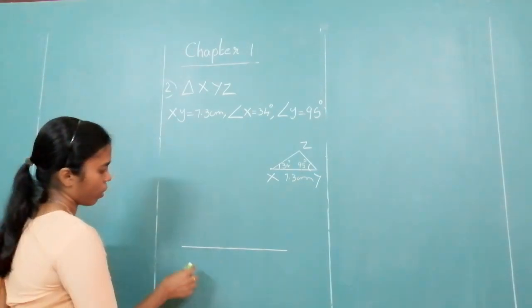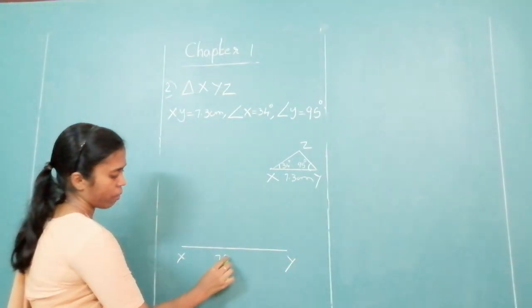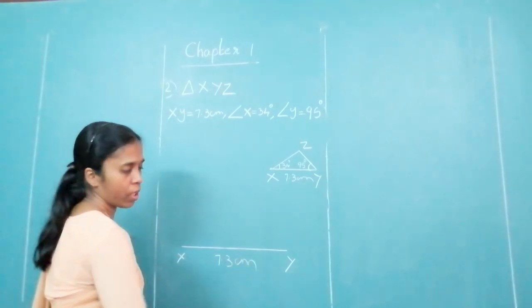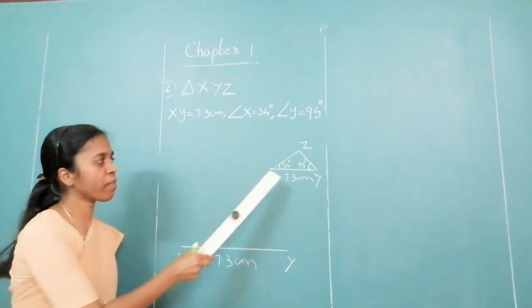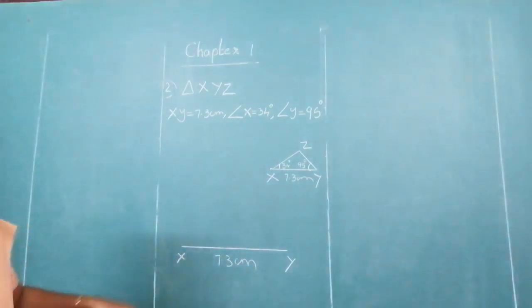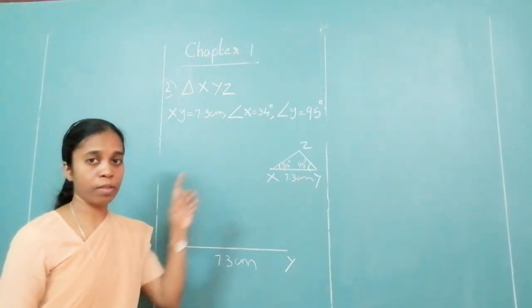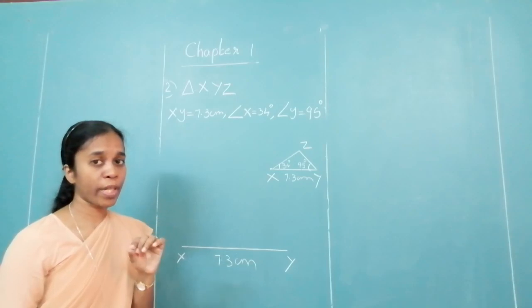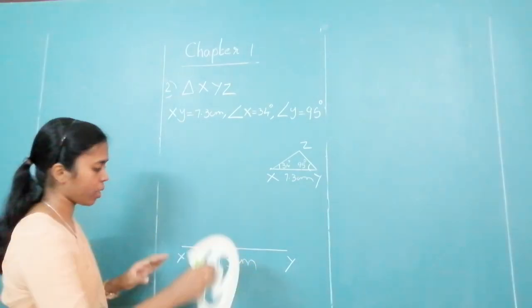You have X, Y, 7.3 centimeter. Now what is the next step? What is given to you? You are given angles and you have to measure the angles. Angle X, how much is it? 34 degree. Remember, what type of angle will it be? Acute angle, less than 90 degree.